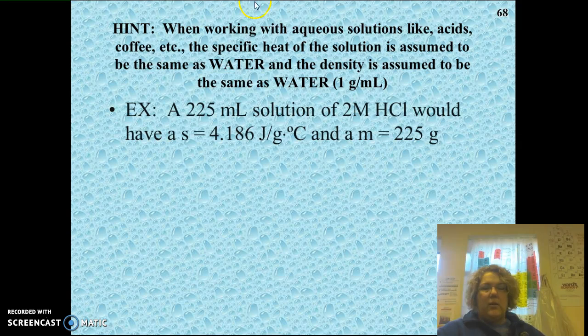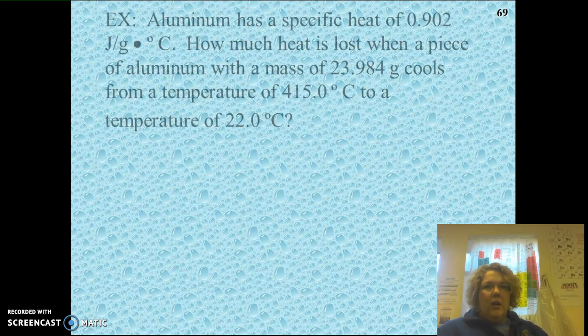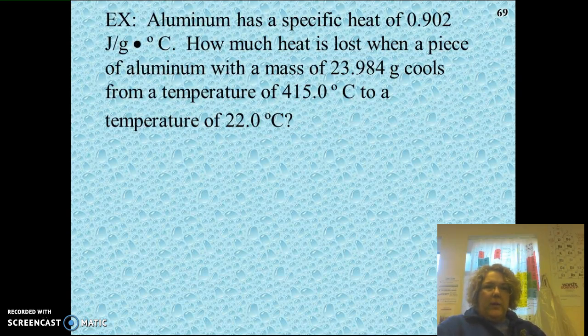So that's a little shortcut. If you had a 225 mL solution of 2 molar hydrochloric acid, you would have the specific heat as 4.18, just like water, and you would assume the mass is 225 grams, since the volume is 225 milliliters.